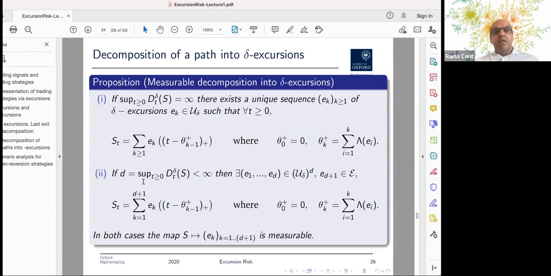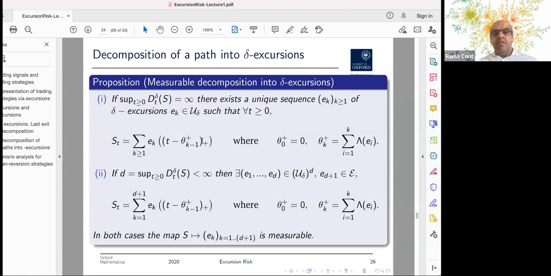If d_delta stops at some integer d, then there are d delta excursions in the decomposition, and the last one is not a delta excursion because it doesn't go back either to 0 or to delta. It stays suspended somewhere in the middle, or it just doesn't reach one of the two points. So the last one is just a path, but it's not a delta excursion. Okay, so that's also fine.